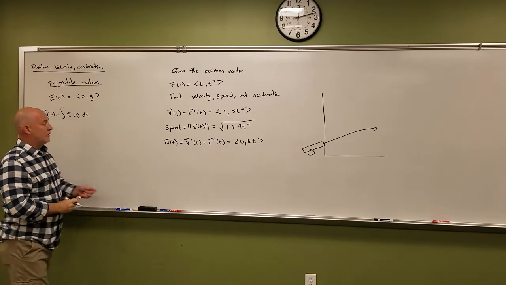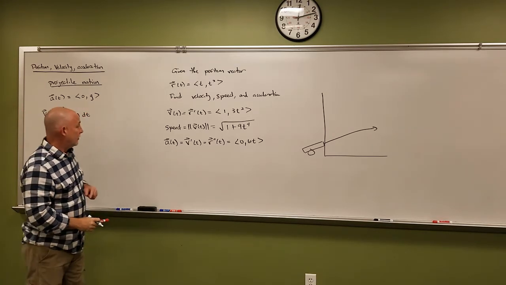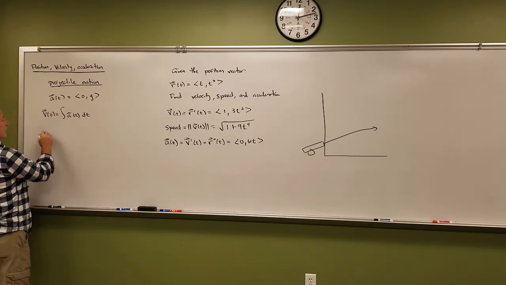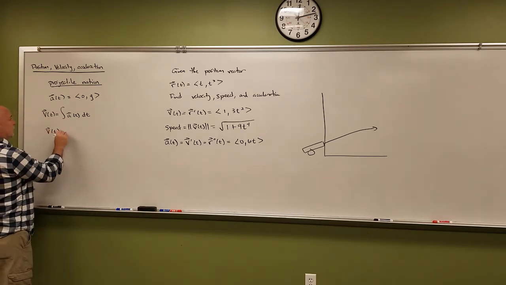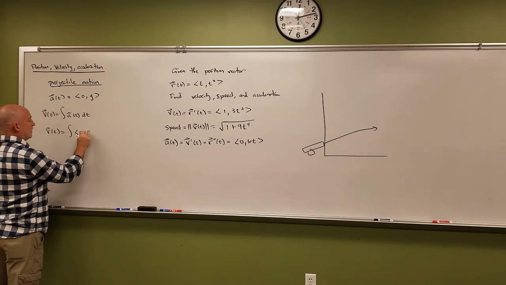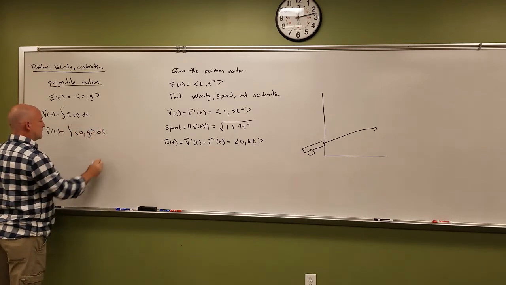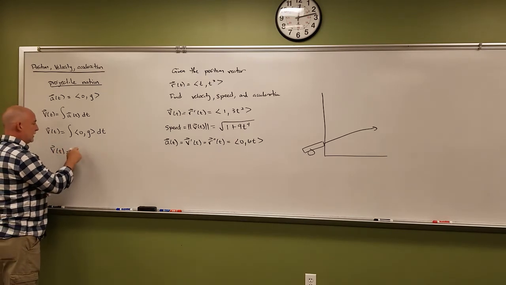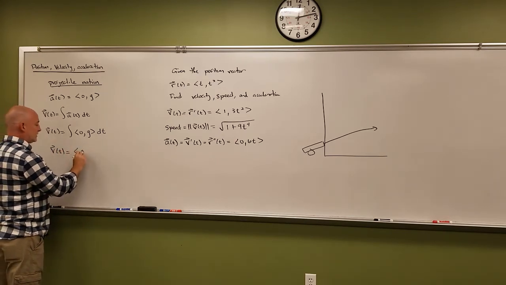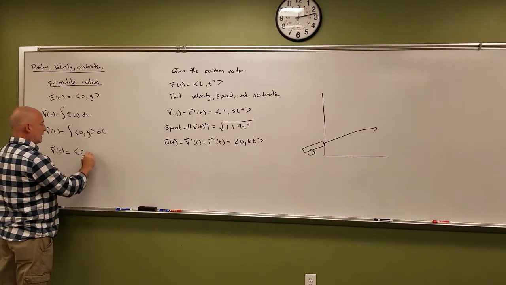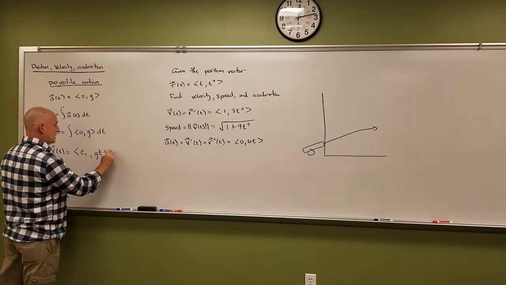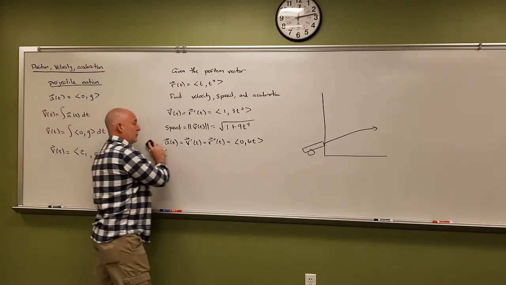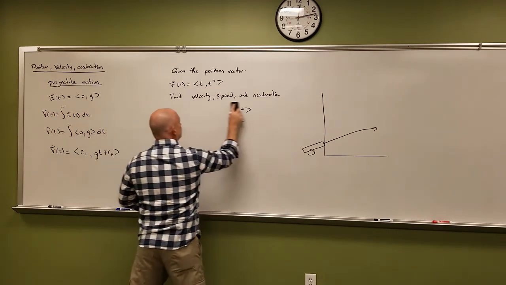Because the acceleration is just the derivative of the velocity. So when I integrate this, our v of t will be the integral of <0, g> dt. So my velocity vector should be, well, the integral of 0 is just a constant. I'll call that c1. And that would be <c1, gt plus c2>. Okay, so there's our velocity function.